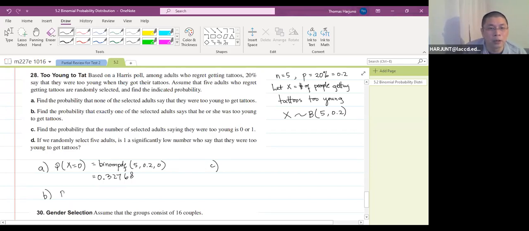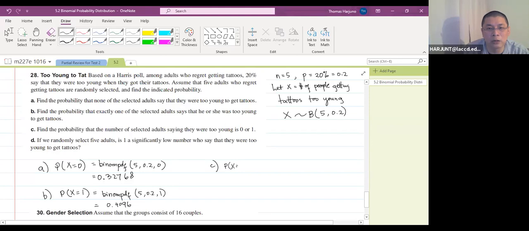Part B, the probability that exactly one of these 5 says that he or she was too young to get tattoos. That's binomPDF(5, 0.20, 1). I get 0.4096. Part C, find the probability that the number of selected adults who say they were too young is 0 or 1.